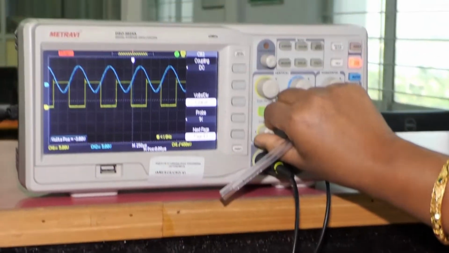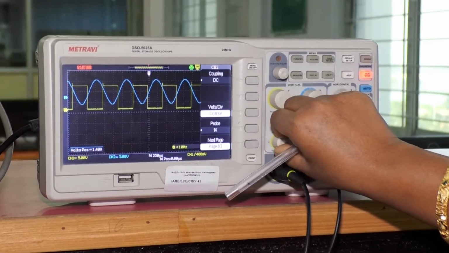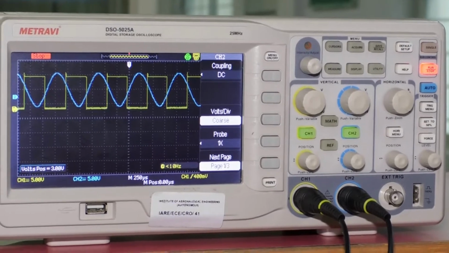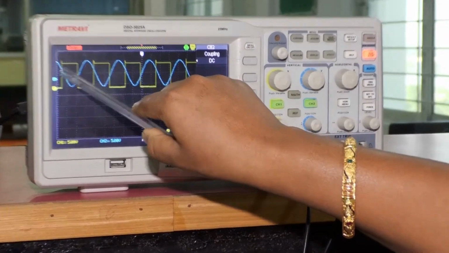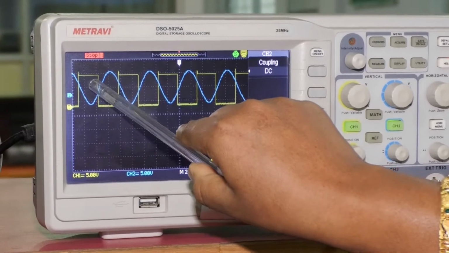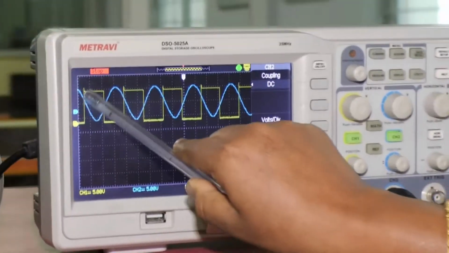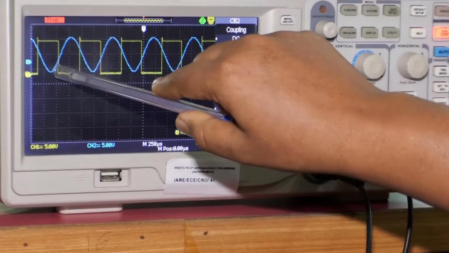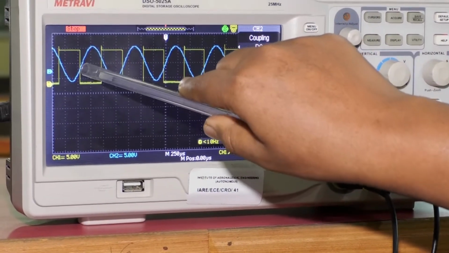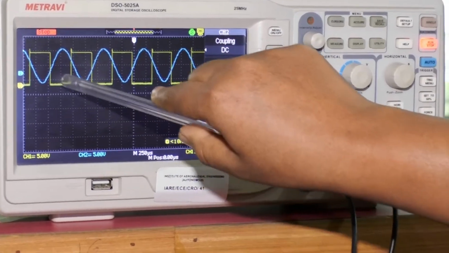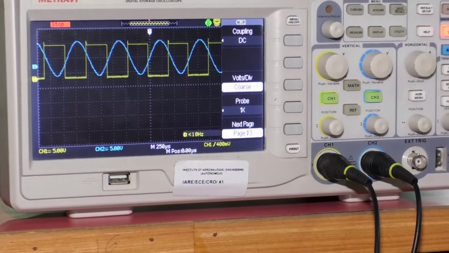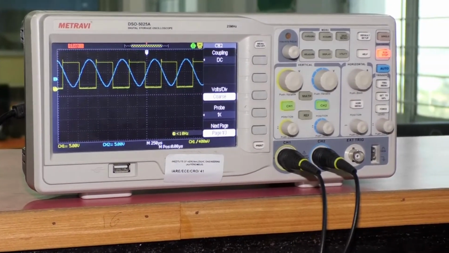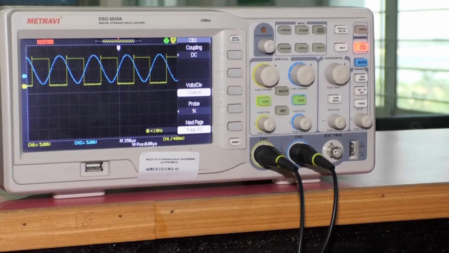If you combine these two, you can observe the upper and lower threshold points. Whenever Vin just crosses the positive saturation level V out, we call this point the upper threshold point, nothing but UTP. And whenever Vin just crosses the minus V saturation level, the output swings from one saturation level to the other saturation level. This point we call the lower threshold point, or LTP.